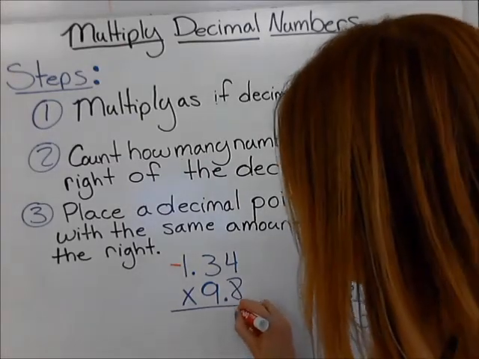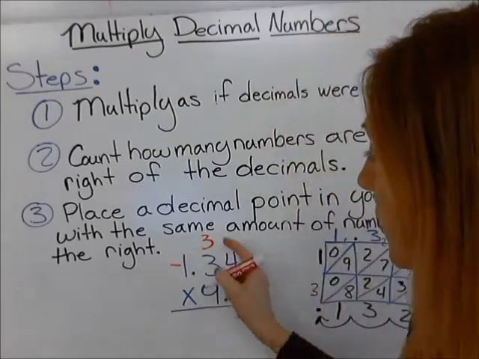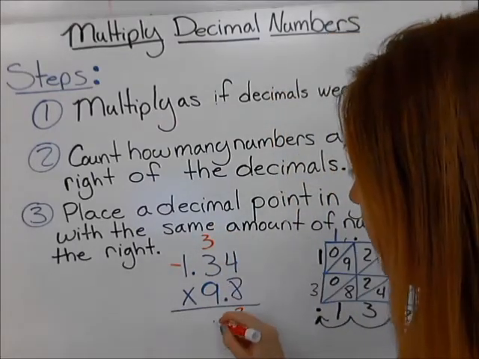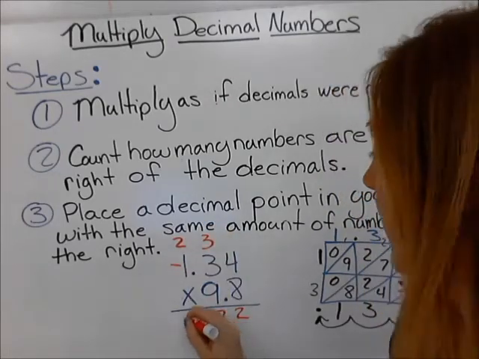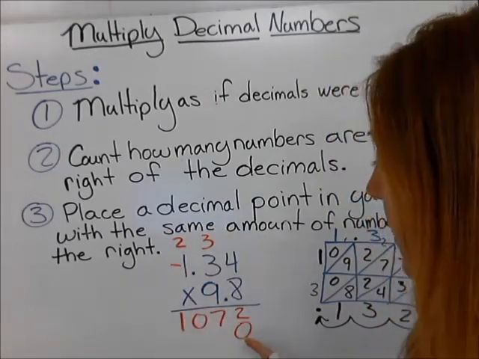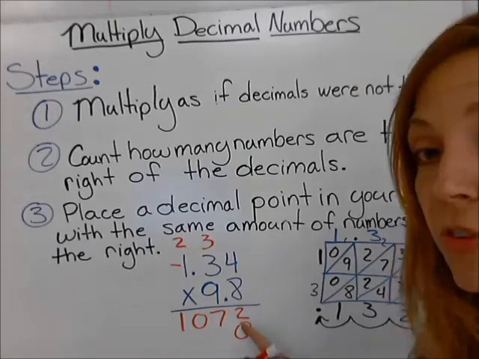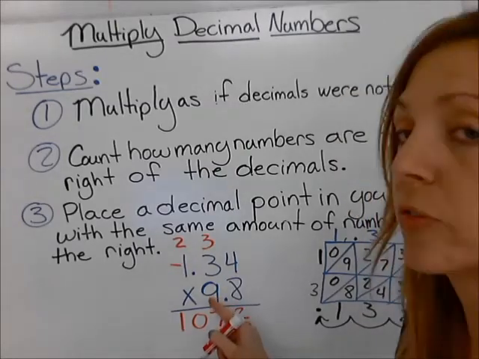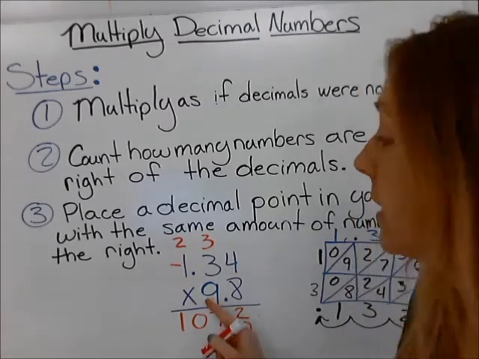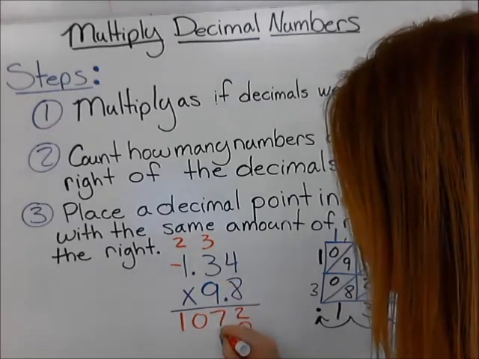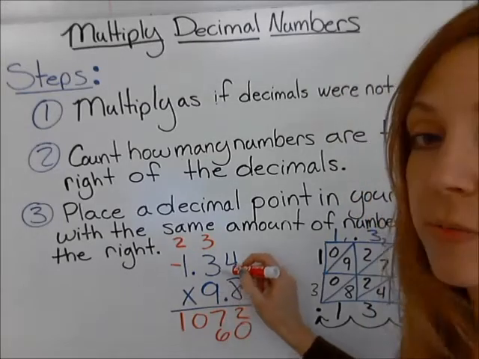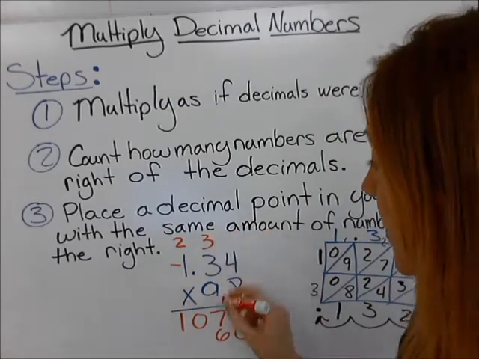8 times 4 is 32. 8 times 3 is 24, plus 3 more is 27. 8 times 1 is 8, plus 2 is 10. My placeholder holds my ones place here, and I'm multiplying by the tens place now. 90 times 4, or 9 times 4, I get 36. Carry my 3. 9 times 3 is 27, plus 3 is 30.